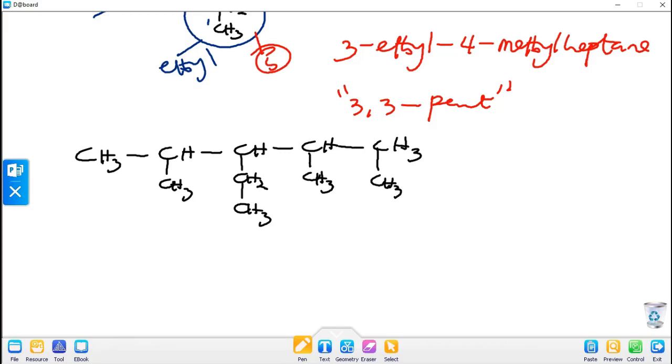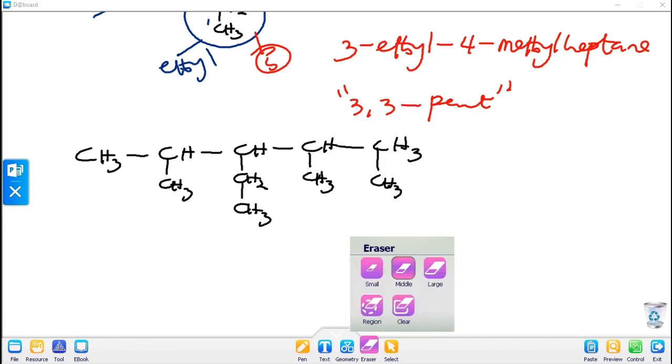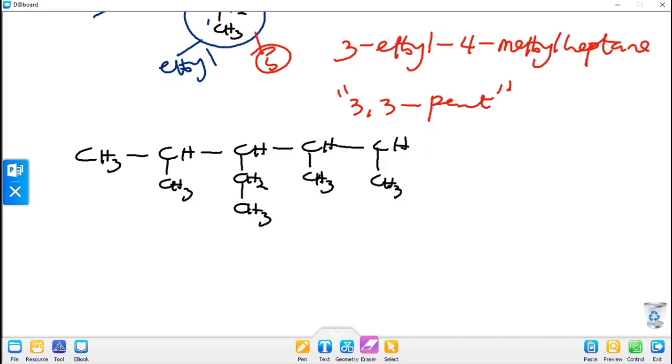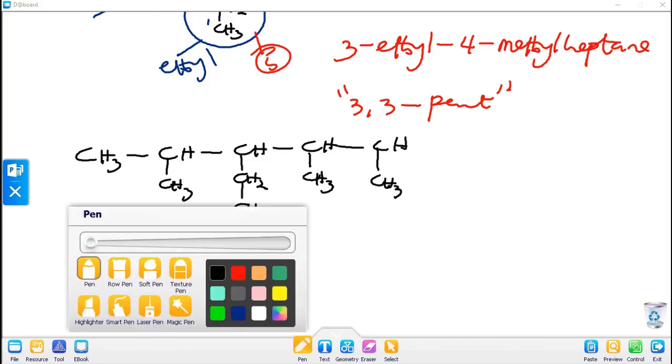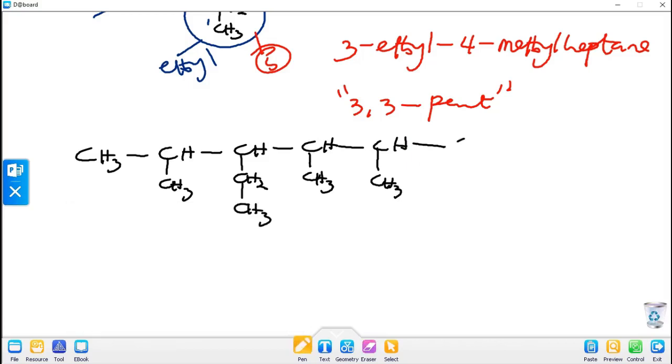Okay, so we have this as our compound. We have one more CH3. So this is what we have as the next compound.